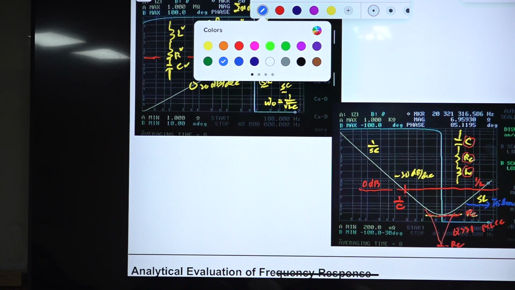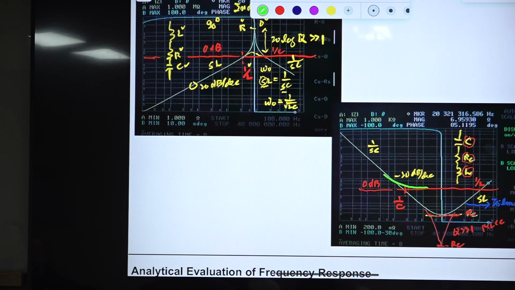let me use some bright color. This one, okay. Now Q is very small, less than 0.5 or something like that.